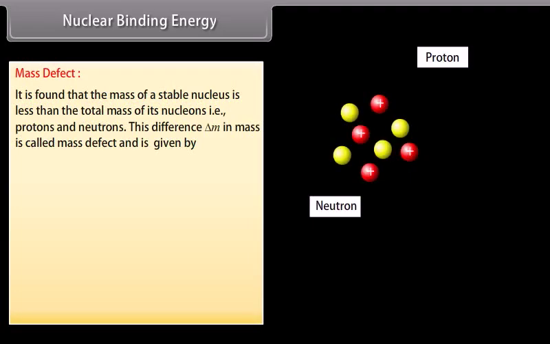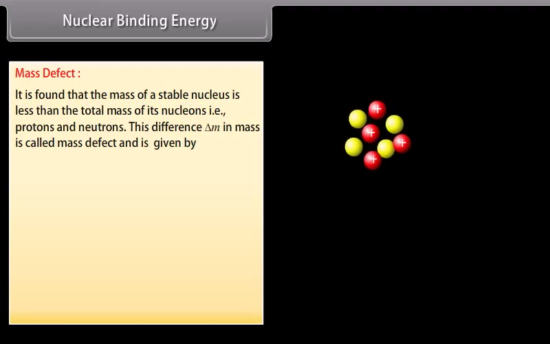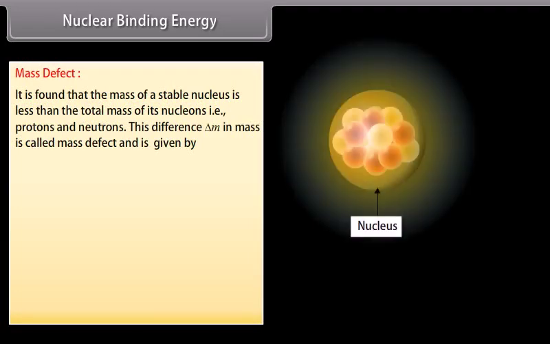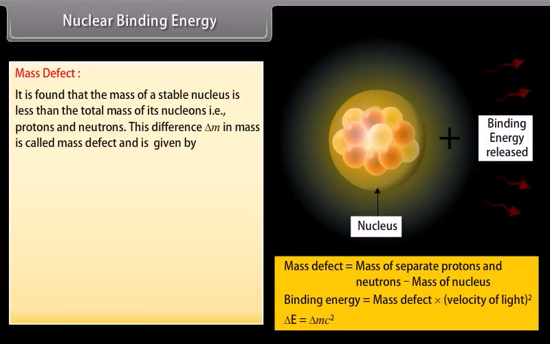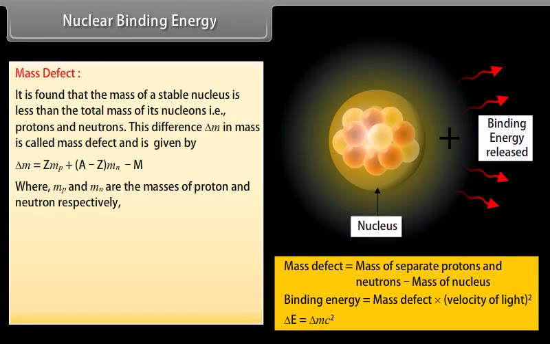It is found that the mass of a stable nucleus is less than the total mass of its nucleons, that is protons and neutrons. This difference Δm in mass is called mass defect and is given by Δm = [Zmp + (A − Z)mn] − M, where mp and mn are the masses of proton and neutron respectively.